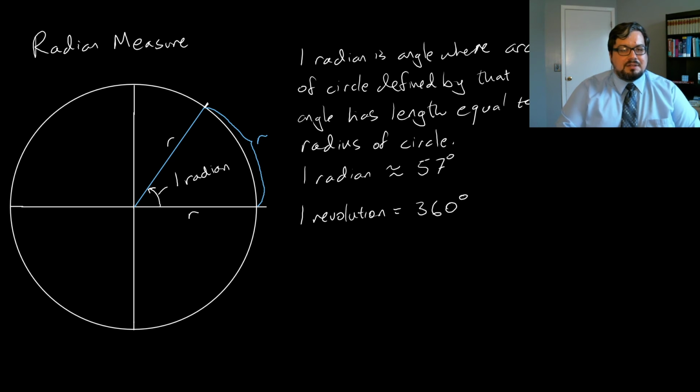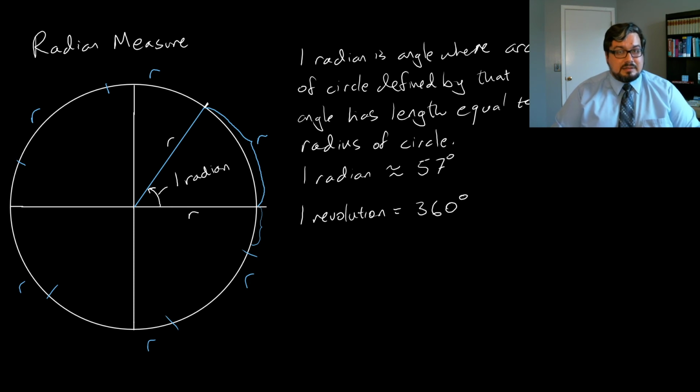So we've got this distance r, another distance r, another distance r, and if you measure it as you go around, you'll see that it takes 6 radii of the circle plus a little bit right here in order to go all the way around the circle. It's not a whole number of radii.